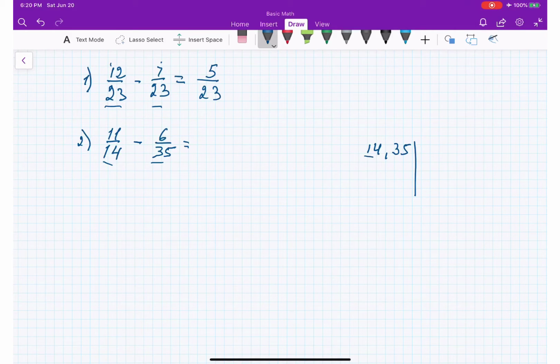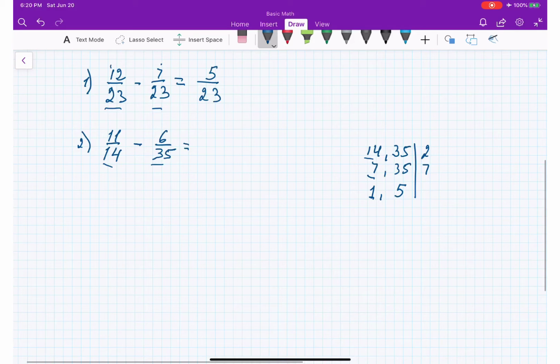So 14 divided by 2 is 7. 35 is not divisible by 2. Next, 7 can be divided by 7, and I brought it to 1. 35 divided by 7 is 5. Since we got 1 already, we are done with the first number. 5 we can divide by 5, and I will get 1 here.